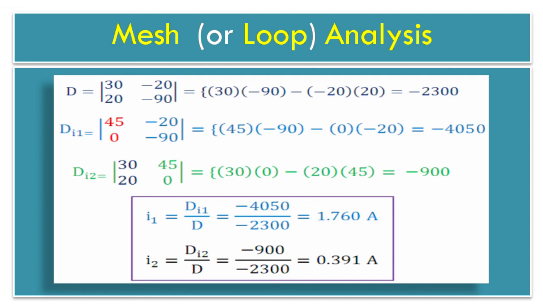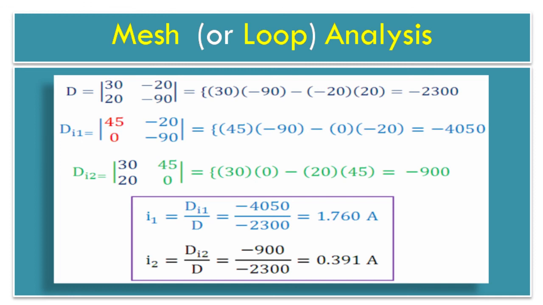Now find the values of mesh currents I1 and I2. Current I1 is equal to determinant DI1 divided by determinant D, which is equal to minus 4050 divided by minus 2300, which is equal to 1.760 ampere, and current I2 is equal to determinant DI2 divided by determinant D, which is equal to minus 900 divided by minus 2300, which is equal to 0.391 ampere.